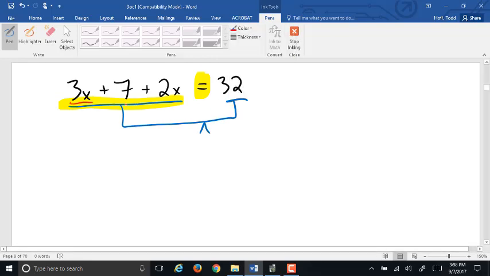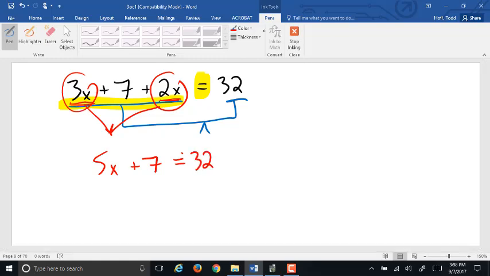In this case, the 3x and the 2x are both on the same side of the scale. So if I were to just take them and push them together in one big pile, would that change how my scale balances at all? No, it won't. So I'm just going to do that. 3x and 2x make 5x. We still have the plus 7. That equals 32.